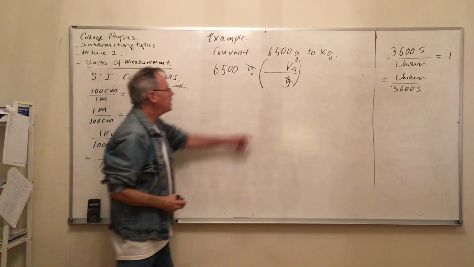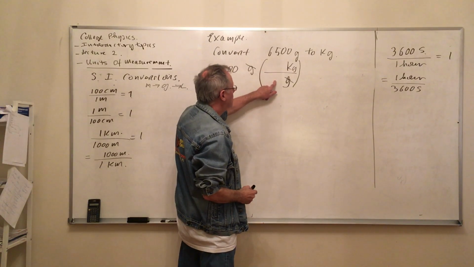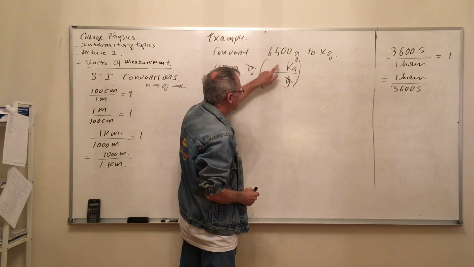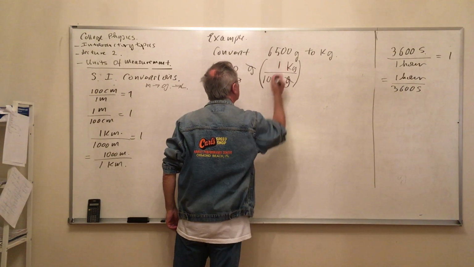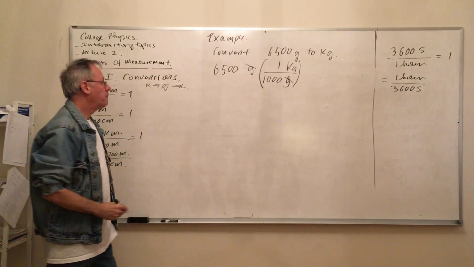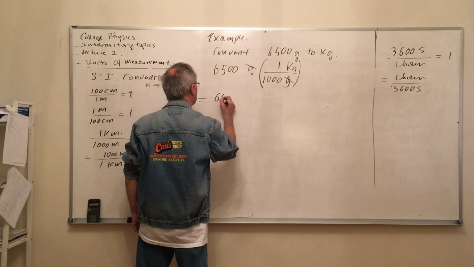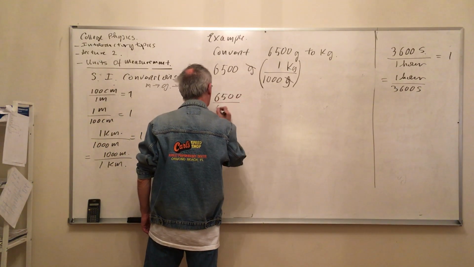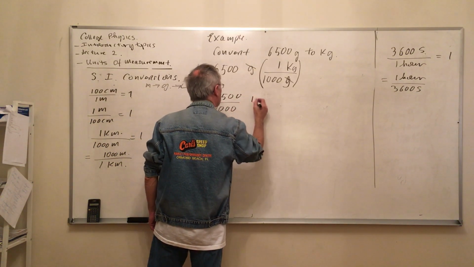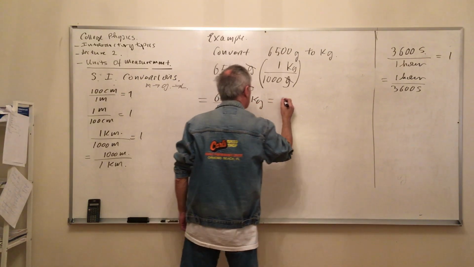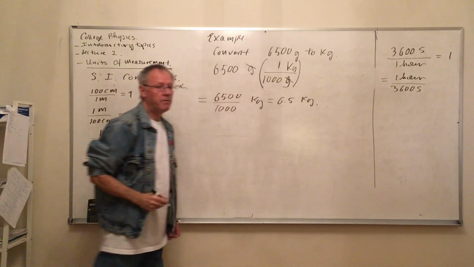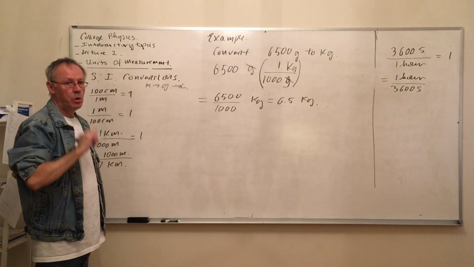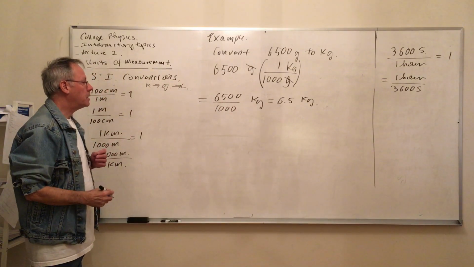Now we ask ourselves, how many kilograms or grams have we got? Is it 10 grams in a kilo? No, it's 1,000 grams is 1 kilogram. And we get 6.5 kilograms. We will do one more, but using small numbers this time.